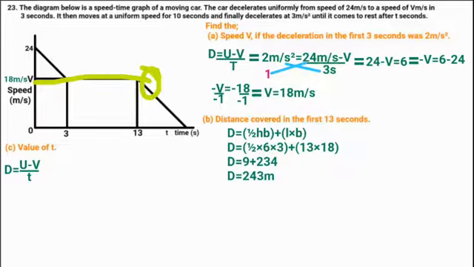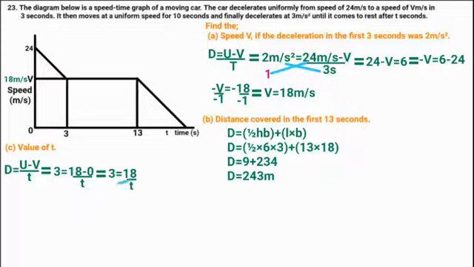Then I'm going to evaluate 18 minus 0. So I'm going to write 3 is equal to 18 minus 0, which gives us 18, over t. Once I've done that, the next thing I'm going to do is cross multiply.